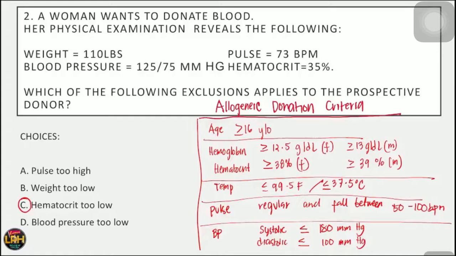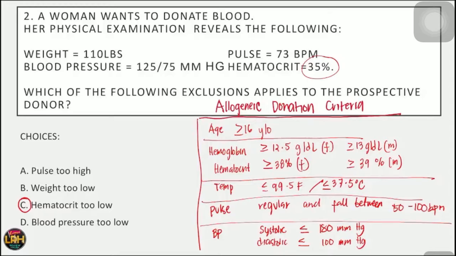The prospective donor's hematocrit is said to be low. So remember that we have criteria for allogeneic donation. For age, it should be at least 16 years old or greater.